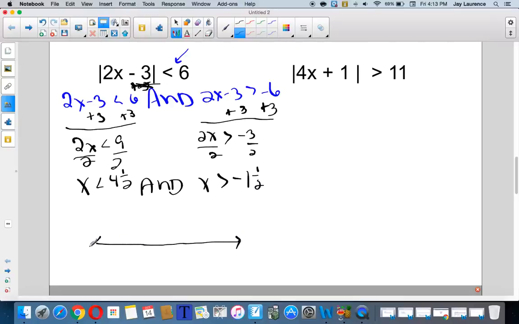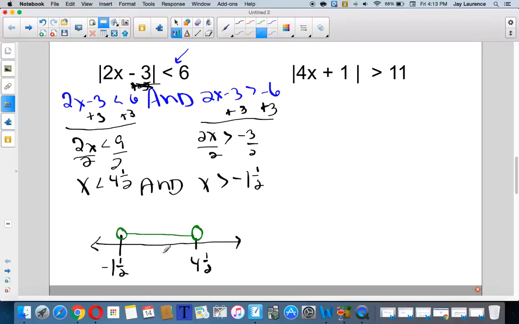I'm going to show 4 1/2, and I'm also going to show negative 1 and 1/2. Will I have open points or closed points? Well, I believe my points will be open because those endpoints do not make the equation true. It's an AND. I'm going to shade in between.